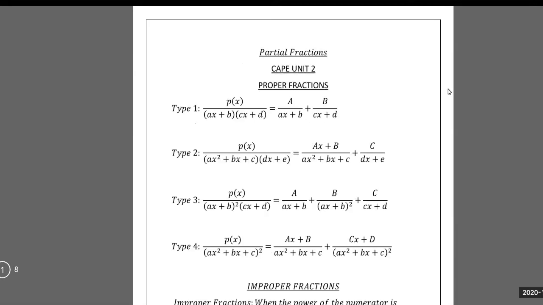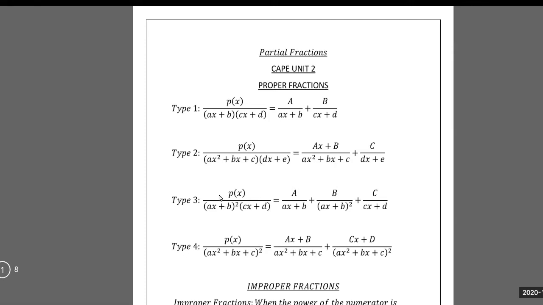Now the types of proper fractions are: type 1, when you have two linear factors, it's just a over the first linear plus b over the second linear. Type 2 is when you have a quadratic that cannot be reduced. It's ax plus b over this quadratic plus c over this linear.